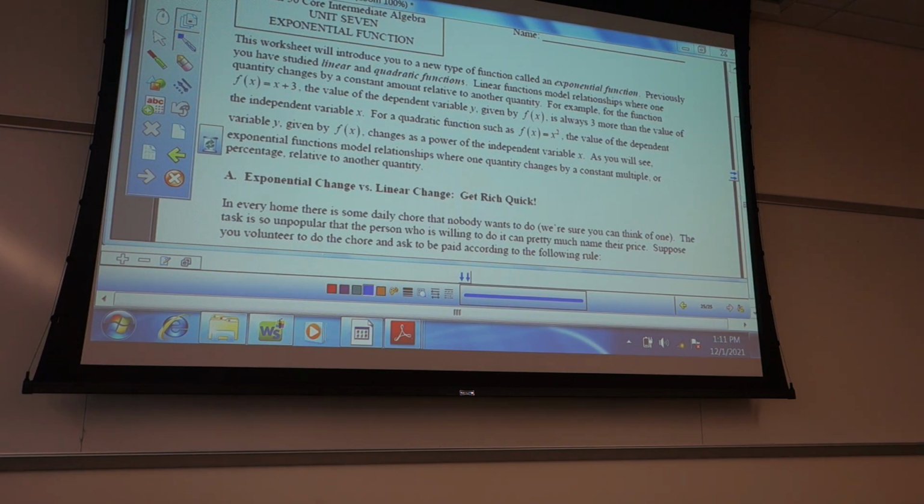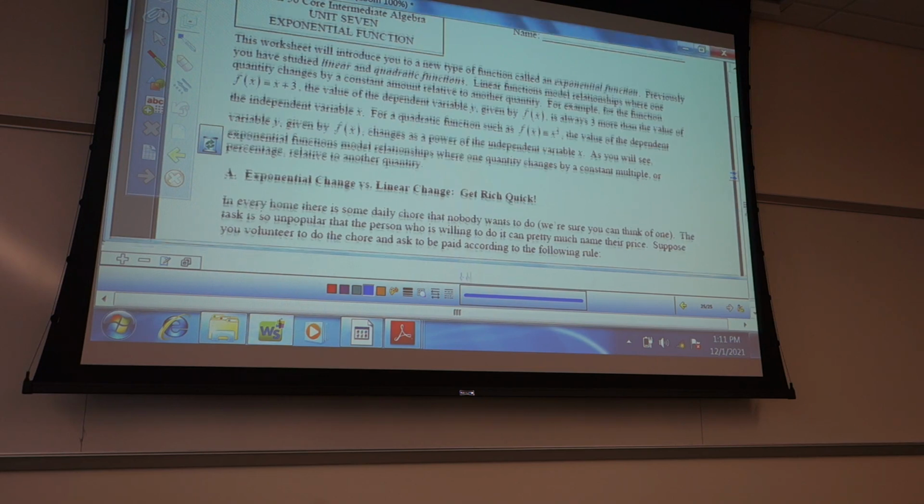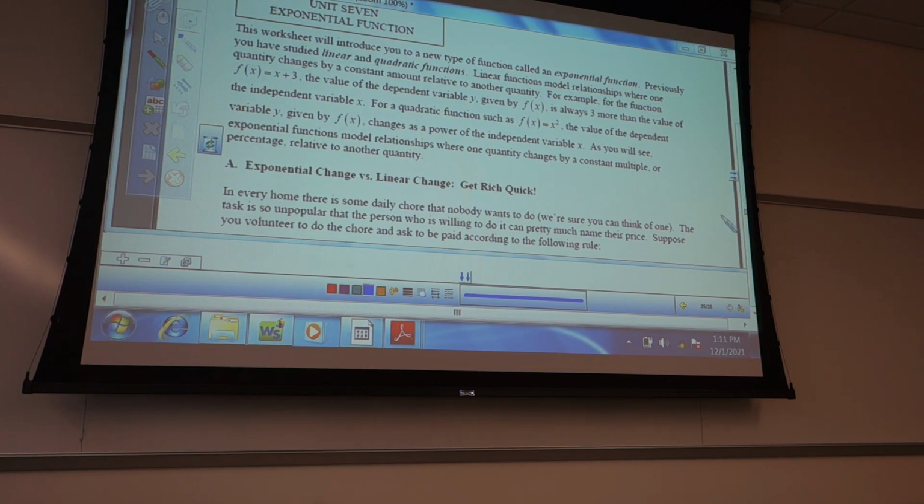A linear function is where one quantity changes by adding or subtracting a constant each time as x changes. Quadratics change as a power of x, in other words, by x squared amounts. But this one changes even more crazily.